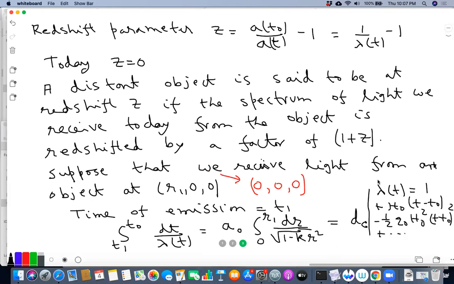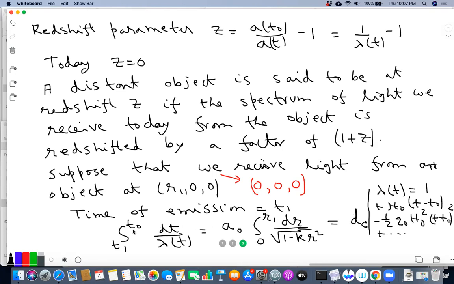Using this expansion and substituting it here, we can write the co-moving distance as a function of t1, as an expansion in powers of t0 minus t1, because when t0 equals t1, of course, the co-moving distance is 0.